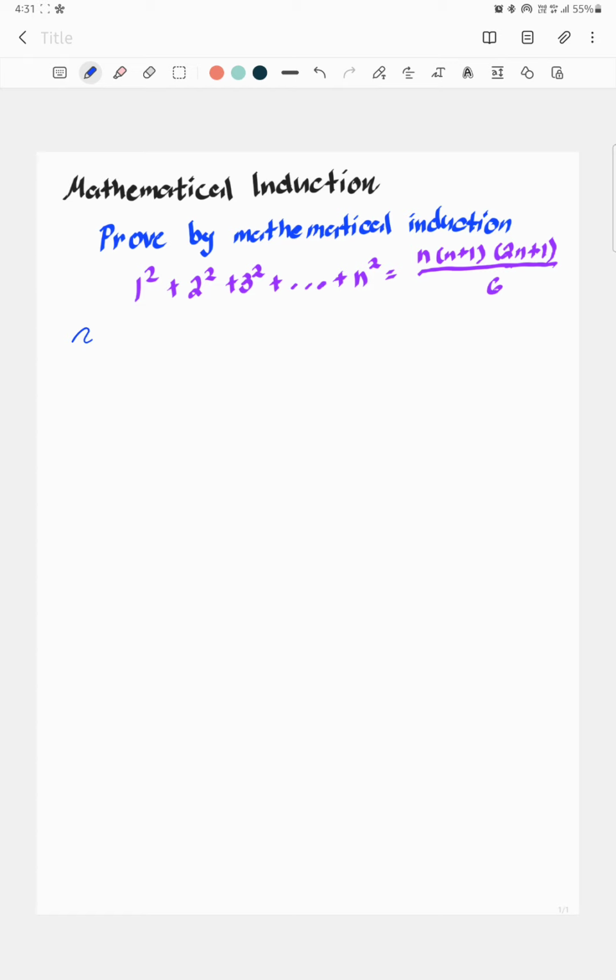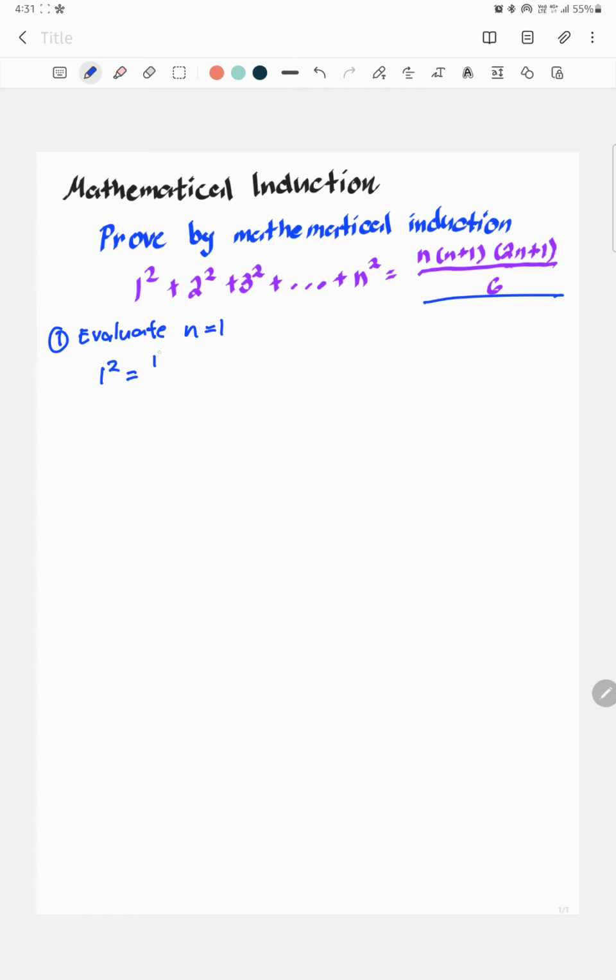The first step is to evaluate n equal to 1. So if we have 1 squared, that will be equal to the sum, which is this 1.